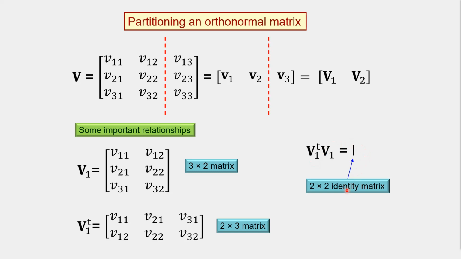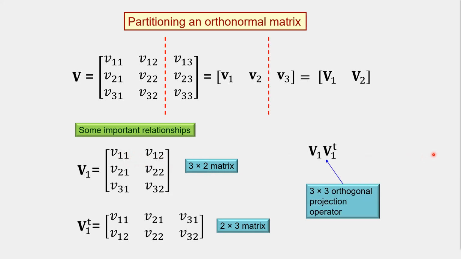A 2 by 2 identity matrix in this case, because V1 has 2 columns. If we do the matrix multiplication the other way round, we have a 3 by 3 matrix as the outcome of the matrix multiplication. This is not an identity matrix in this case. However, it has some very nice properties.